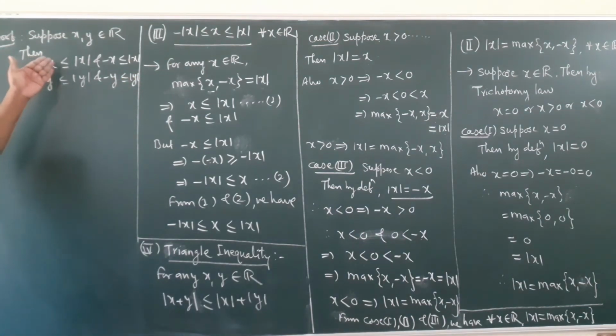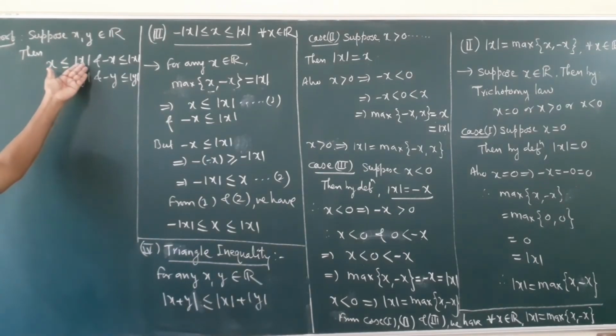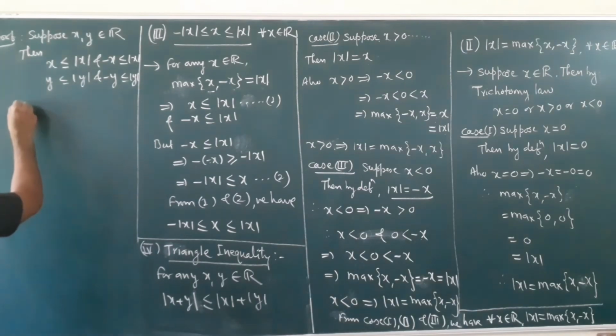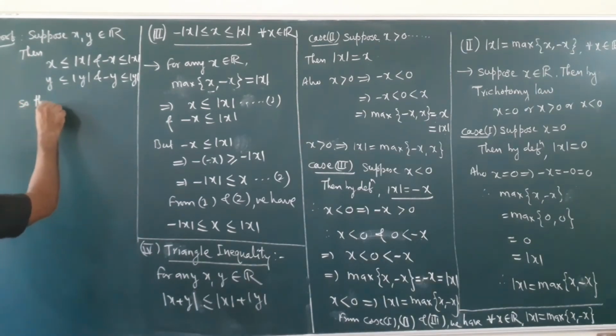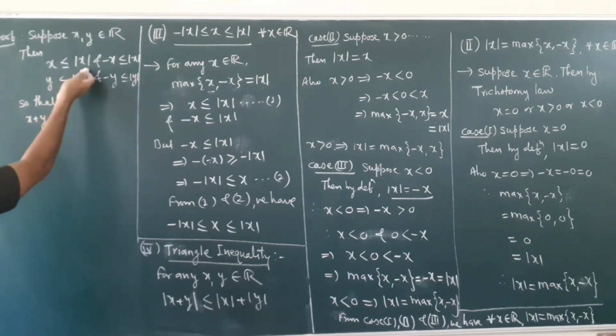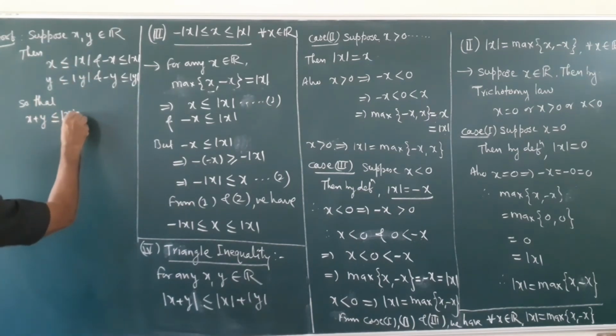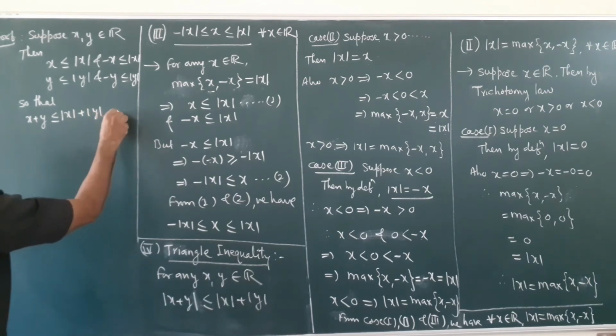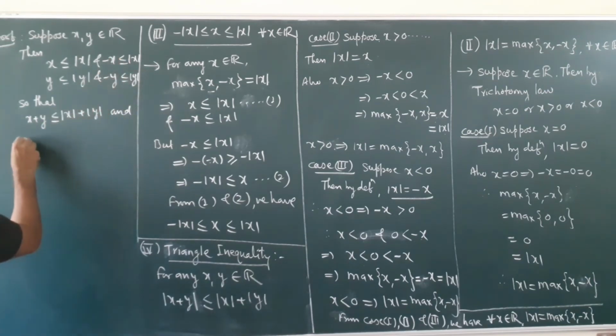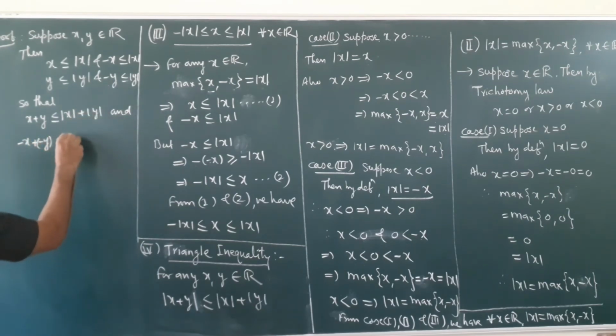Now see, if a is less than or equal to b and c is less than or equal to d, I can add these two. So x plus y is less than or equal to mod x plus mod y, and here also minus x plus minus y is less than or equal to mod x plus mod y.